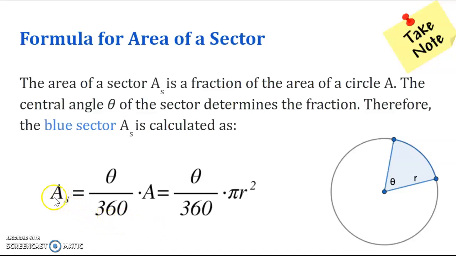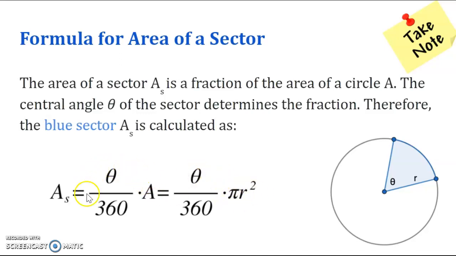So we've just said that the formula for the area of a sector, if I just want to know the area of this sector or this pizza piece, is: the first number represents the fraction of the circle you are dealing with. That is whatever the central angle is divided by 360, because that represents what portion of the whole circle you have, and then you multiply that by the area of the whole circle, which is pi r squared.